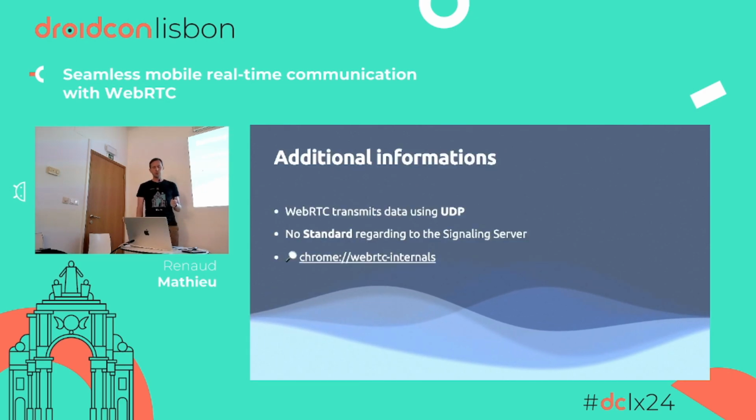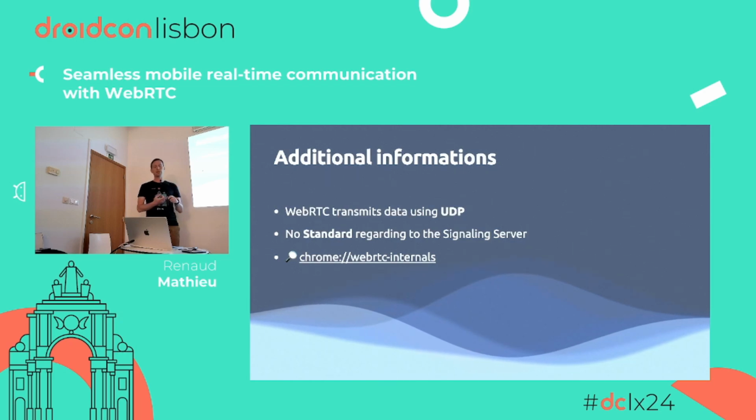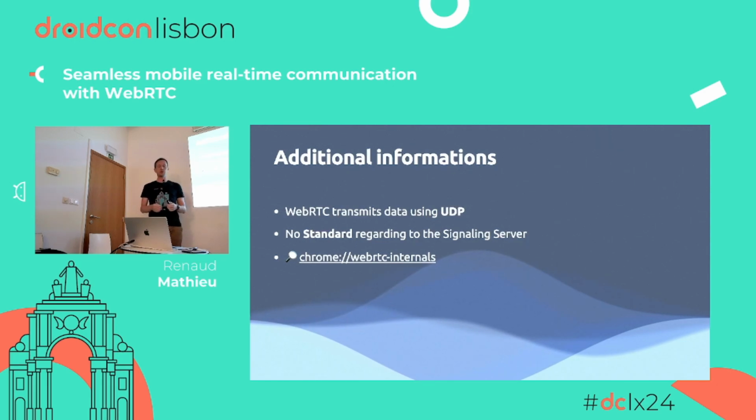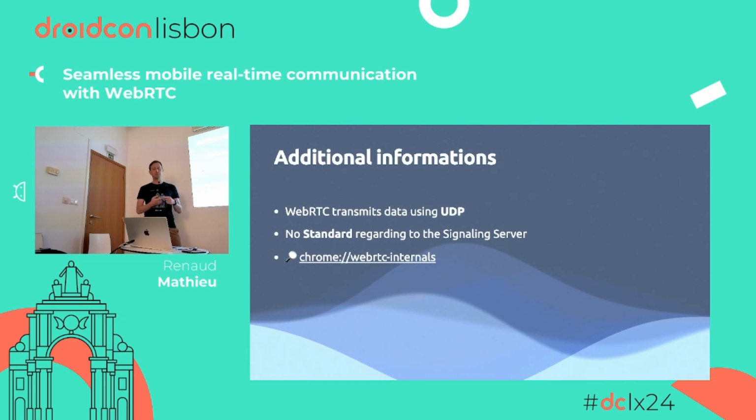Some information I would like to share before that. As I said, we have the specification of the API and of the ICE server. We do not have in the standard the implementation of the signaling server. It's not part of the standard. WebRTC also transmits data using UDP, the User Datagram Protocol.